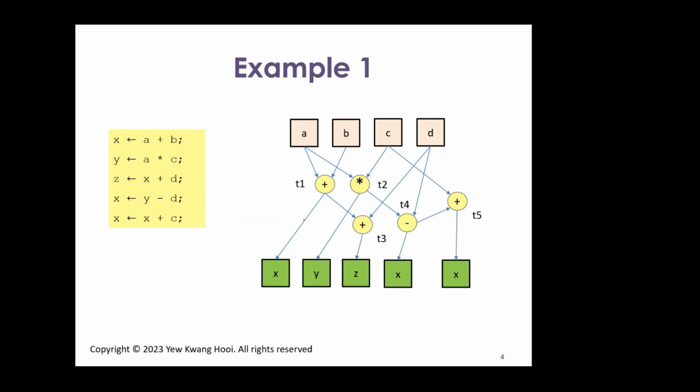So why do we do this? What's the purpose of doing this? We have the data flow graph already, right? So what we do now is, when we want to do the test, we identify that we need to do test 1 on the plus operation, test 2 on the multiplication, test 3 on another plus operation, test 4 on another minus operation, and test 5 on the other plus operation.